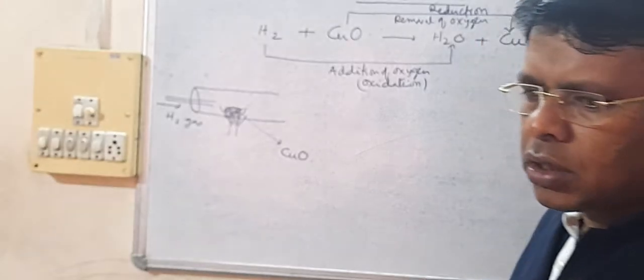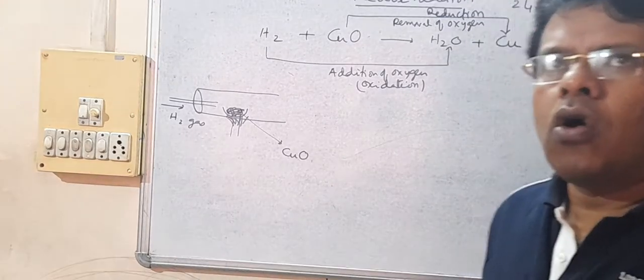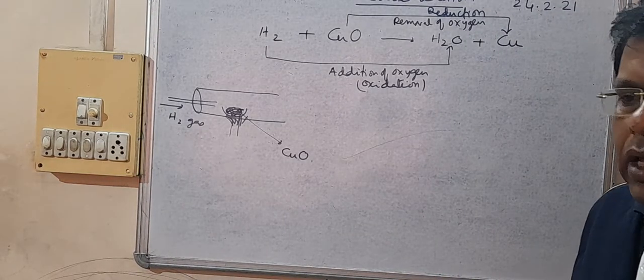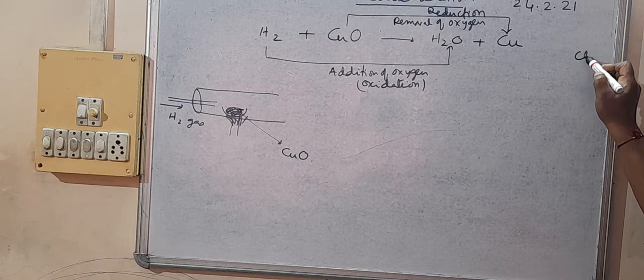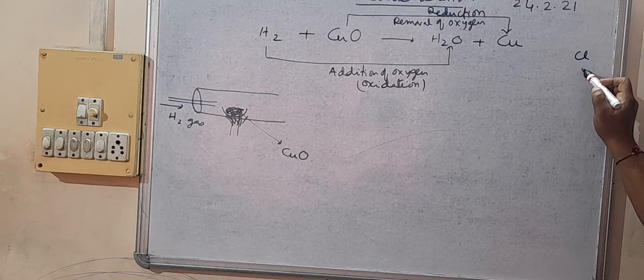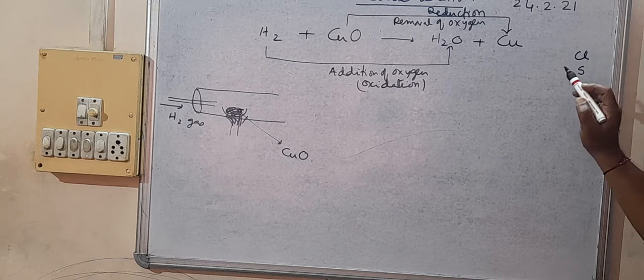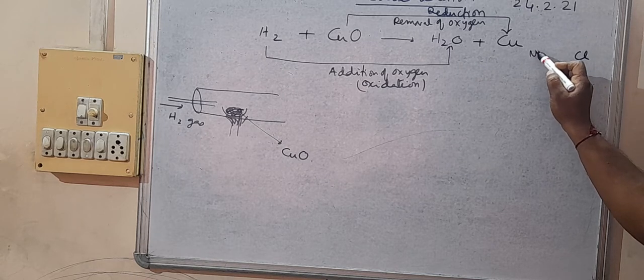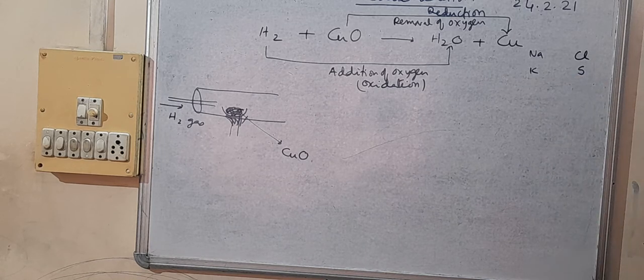Reduction can also be defined as removal of oxygen or any electronegative element. What is an electronegative element? Suppose Cl, sulfur. These are electronegative elements, whereas sodium, potassium, metals, these are electropositive elements.